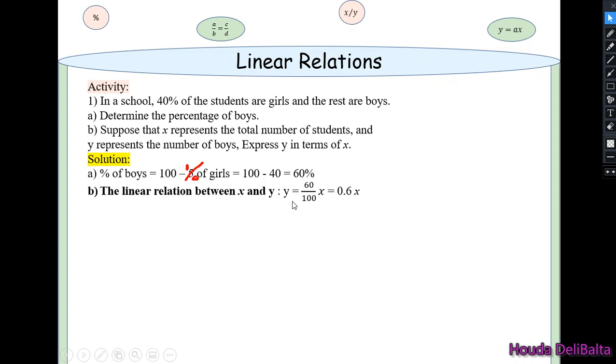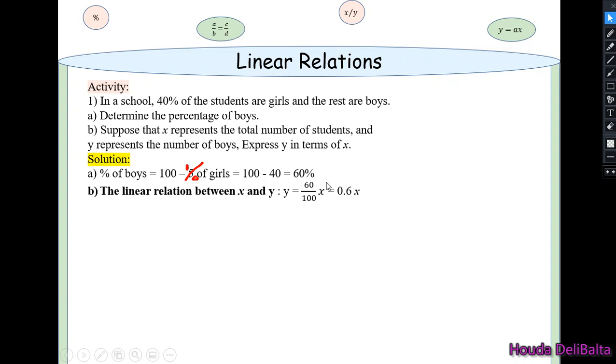I will repeat. Y goes for the number of boys, and X goes for the total number of students. I have that the percentage of boys is 60%. 60% means 60 divided by 100, out of the total, because I say that boys are 60% of the total number of students.